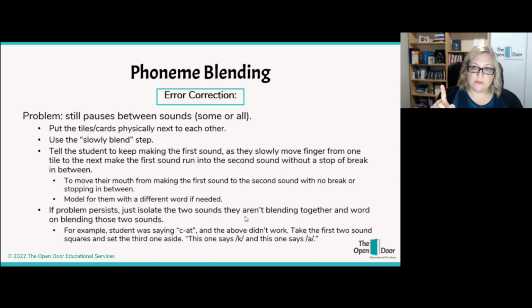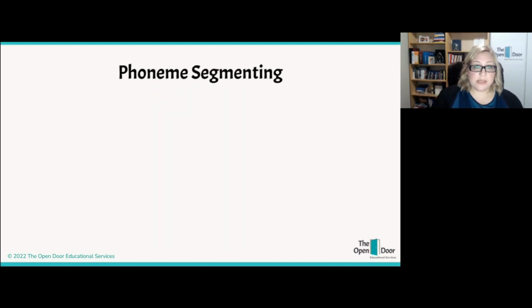And say the first sound and continue saying it as you run your finger under and move into saying that second sound. And hopefully them only having to focus on blending those 2 sounds, they'll be able to get that ka, ka, ka. And once they have ka, then you can reintroduce that t, which they were able to blend in before without difficulty.